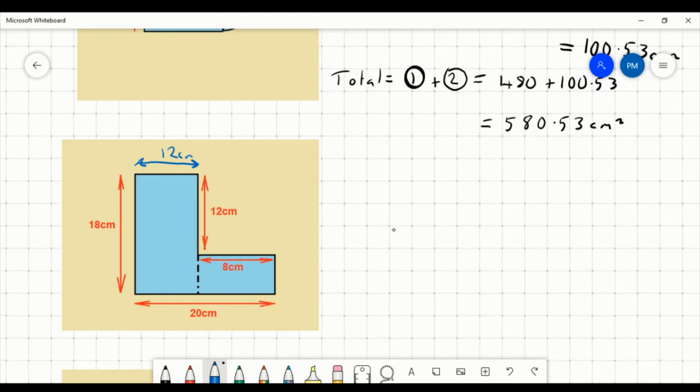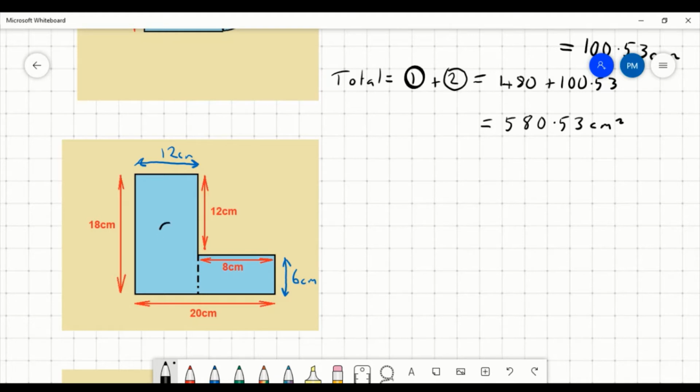And then this one here, we'll see we're also missing this side. Can we work that out? Yes, we can, because we look over here, we can see that's 18, 18 right down from the top. So we've got 18 minus 12, that distance there, which gives us a distance of 6 centimeters.